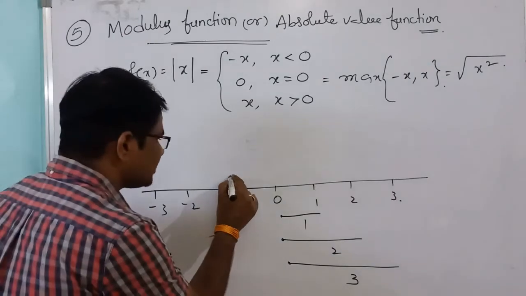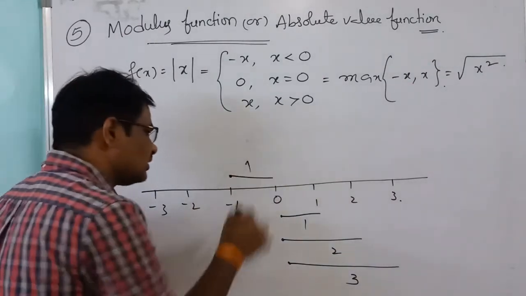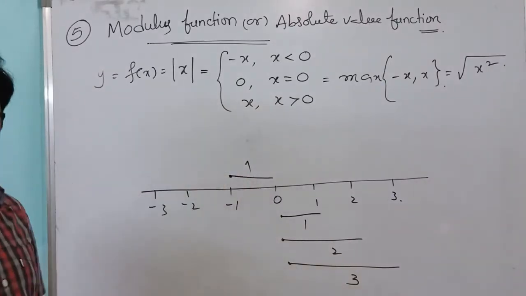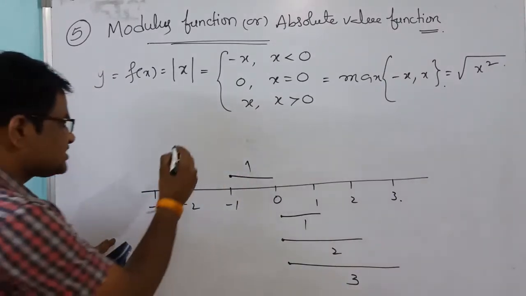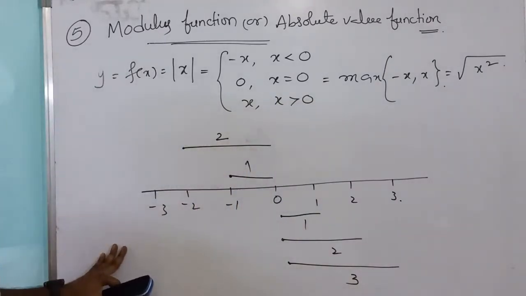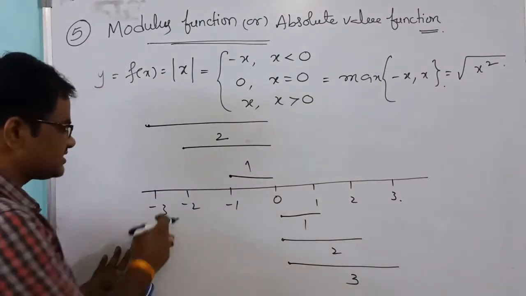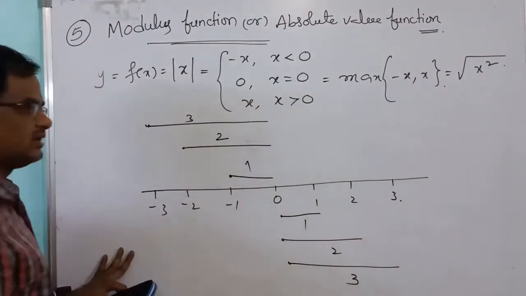So what about the distance between minus 1 and 0? 1 only, but on the negative side. Right? Now the distance between these two is 2 units only. And the distance between minus 3 and 0 is 3 only.